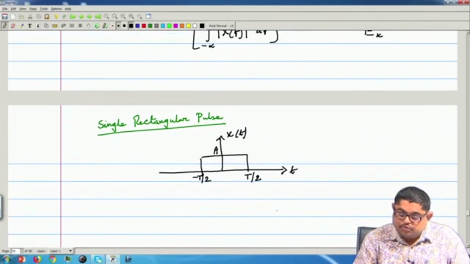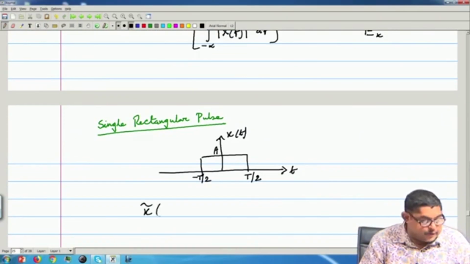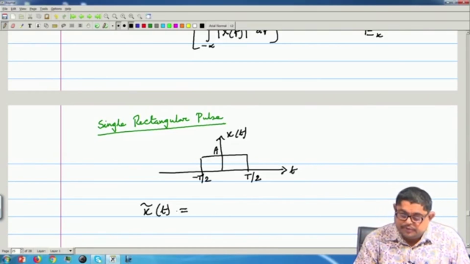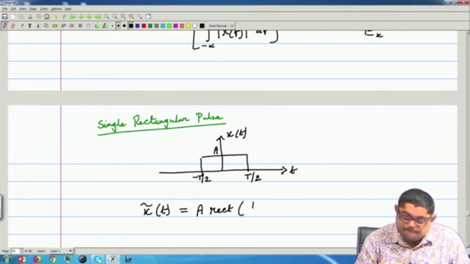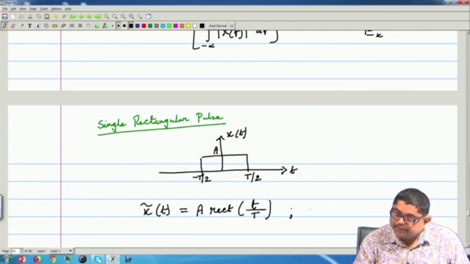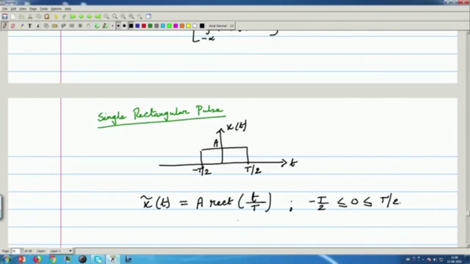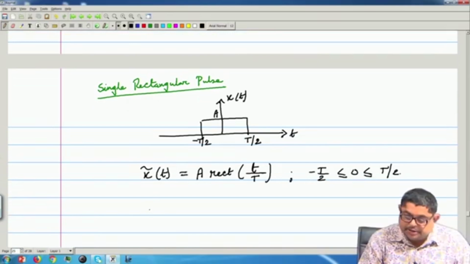So, we know that its analytic expression is A, and previously we have found its spectrum also, because we will be requiring it.